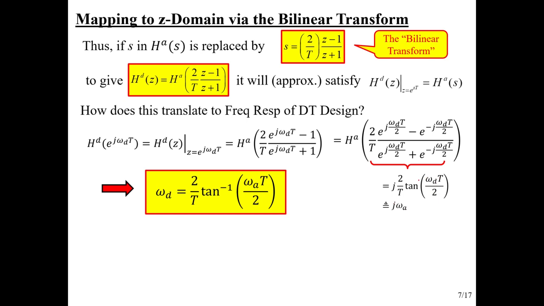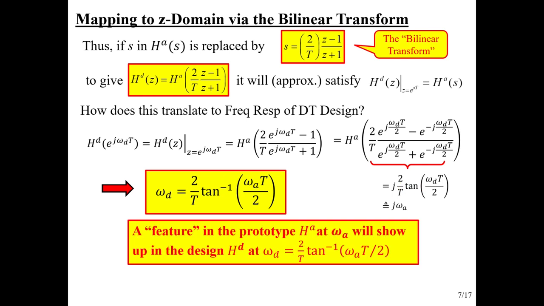And so we just inverted this tangent. So we get this inverse tangent here. So what this is telling us is that some sort of feature in our analog prototype that is at some frequency omega sub a will show up in the design at this point.